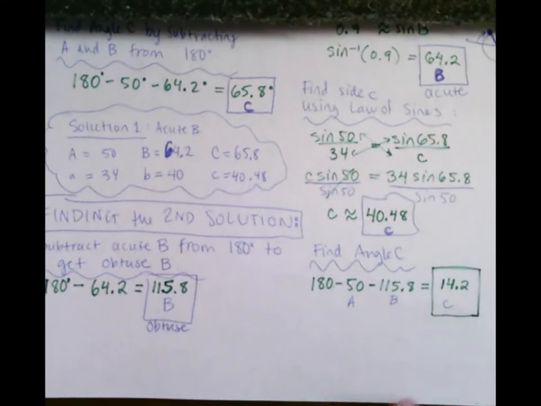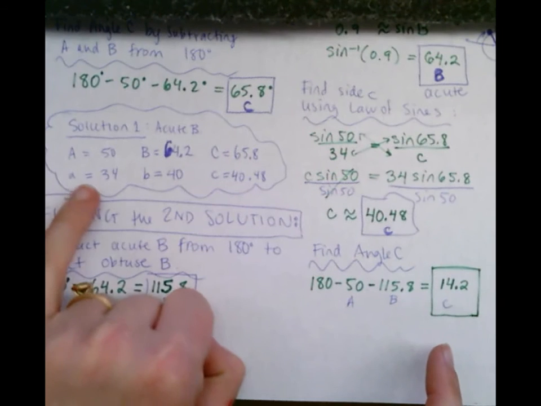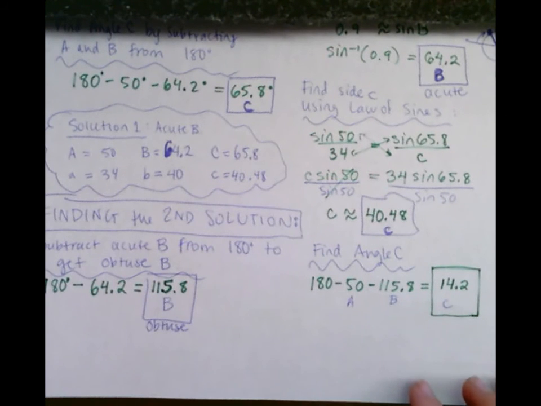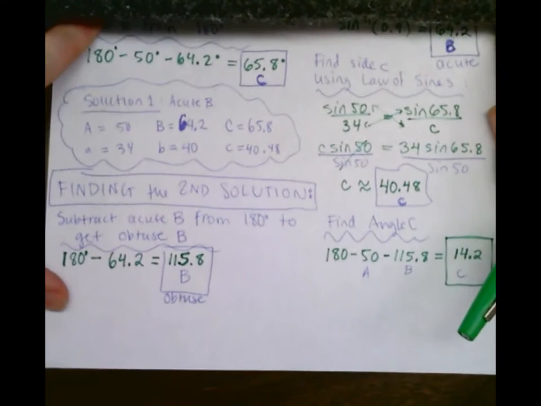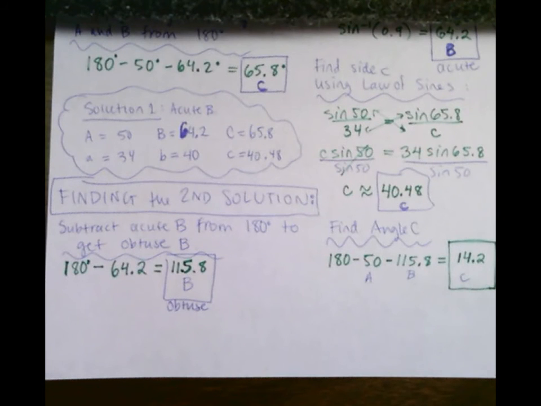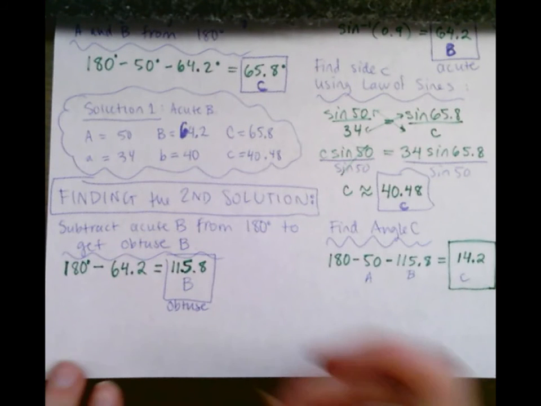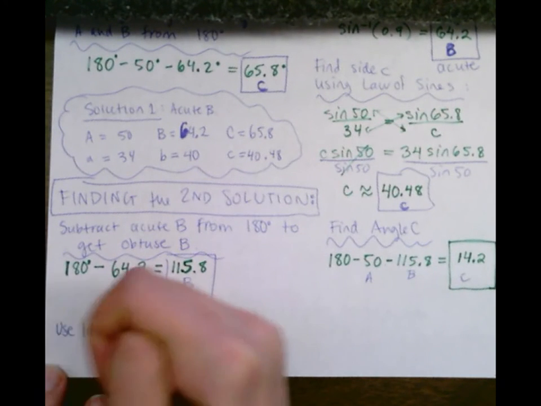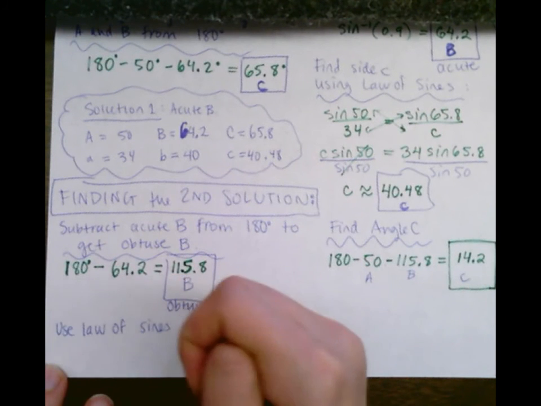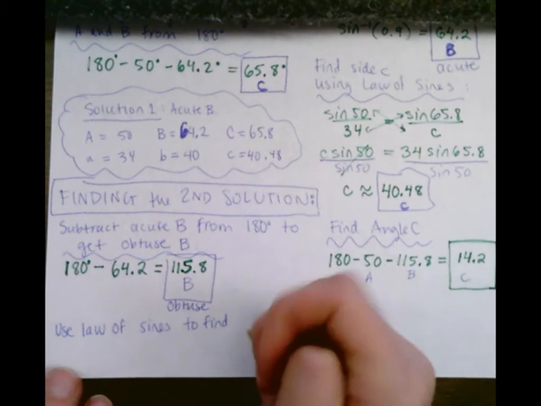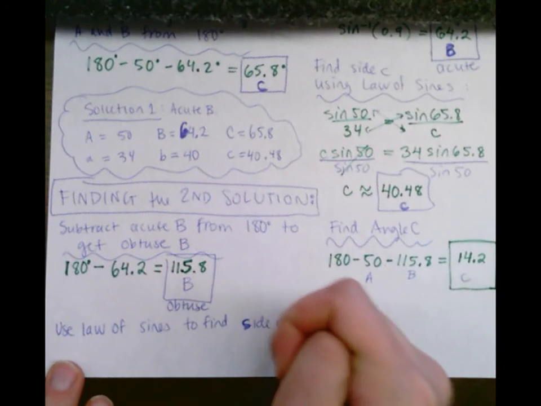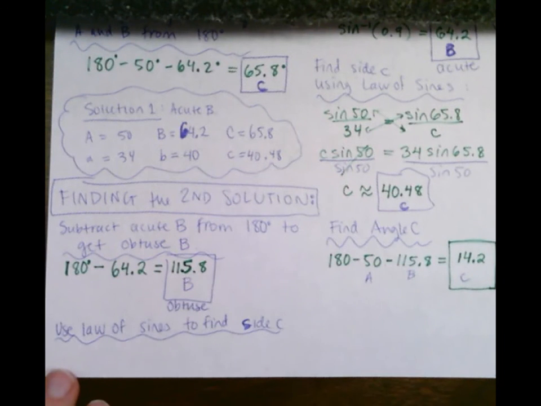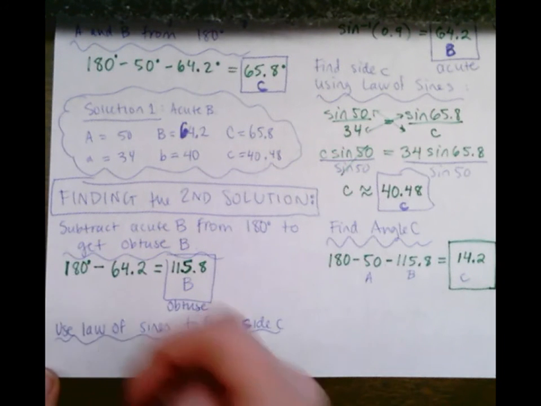So now we have angle B, we have angle C, we have angle A. We started from the beginning with little a and little b, so the very last thing we need to find is little c. And the way we're going to do it is the same way we did before, by using the law of sines. So the setup is going to look similar to the ones we were doing before.